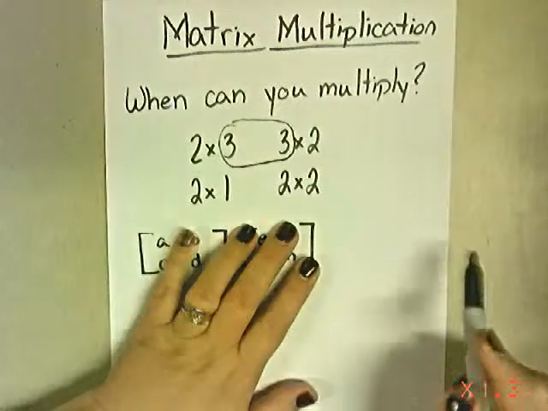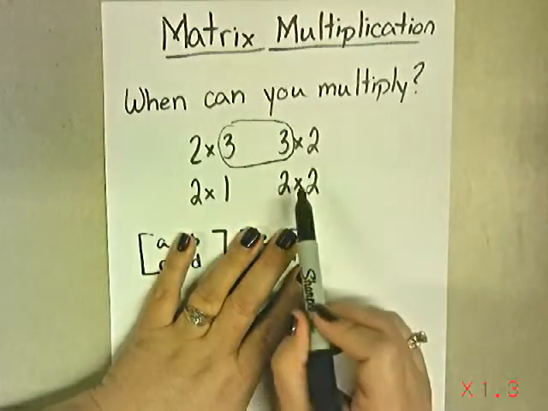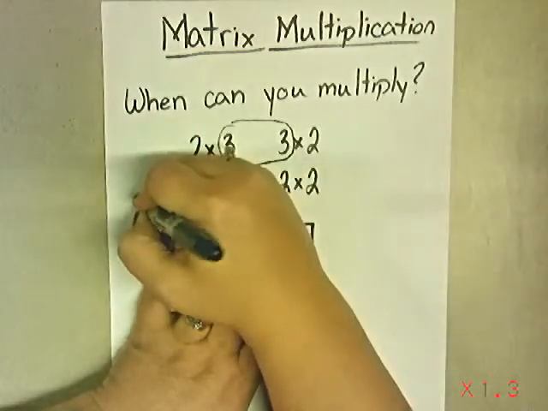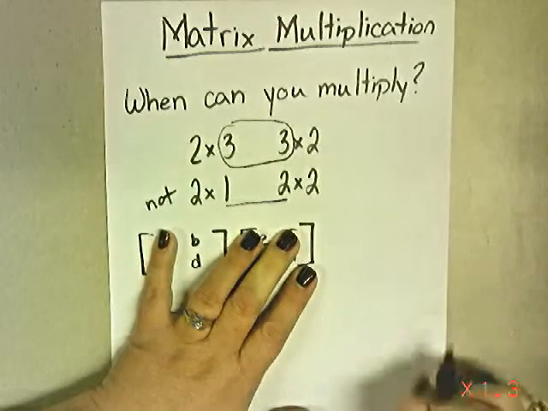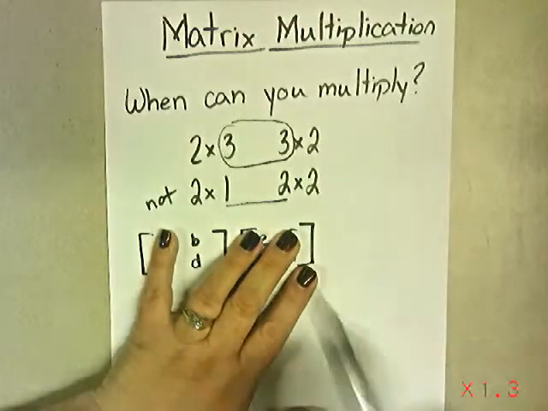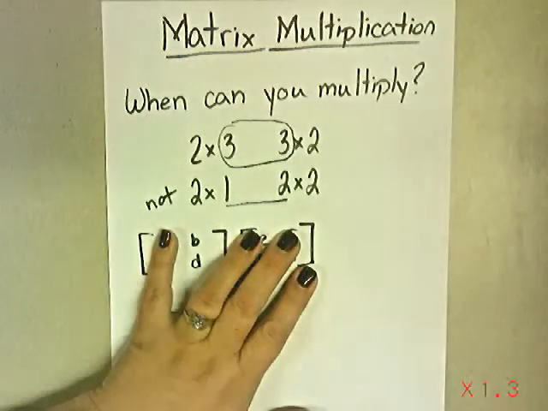So second example, if I gave you a 2 by 1 matrix and a 2 by 2 matrix, we would not be allowed to multiply those together because these two numbers do not match. So if the middle two numbers match, then you can multiply them together. If the middle two numbers do not match, then you cannot.